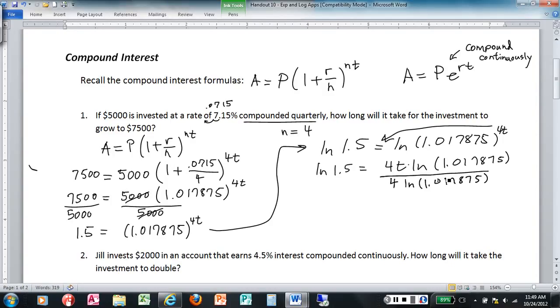So divide both sides by 4 ln 1.017875. That'll cancel the 4's out, that'll cancel the logs out, and on the right side, I'll have t left.